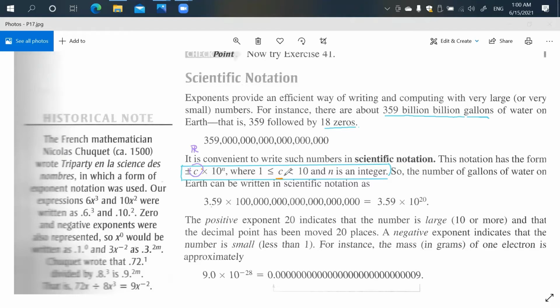We already learned how to read ordering numbers, right? C is less than 10 and greater than or equal to 1.